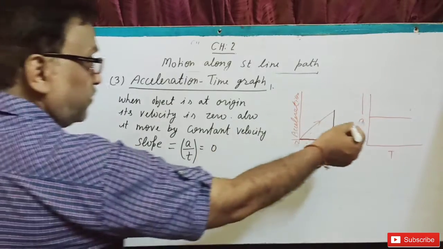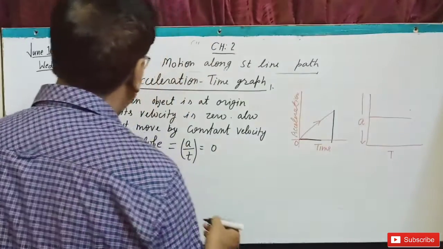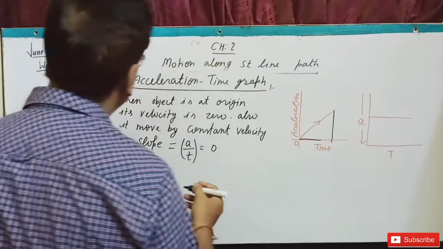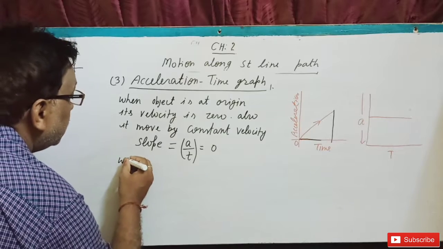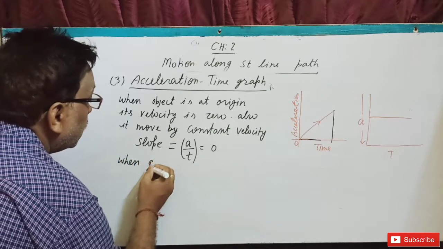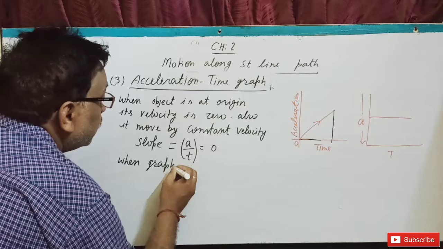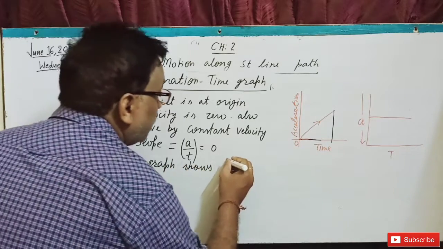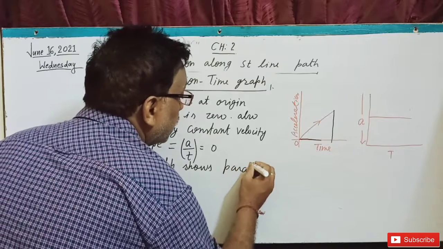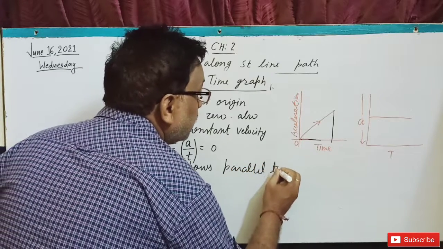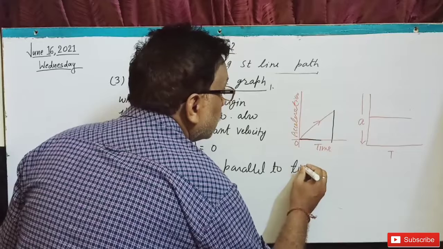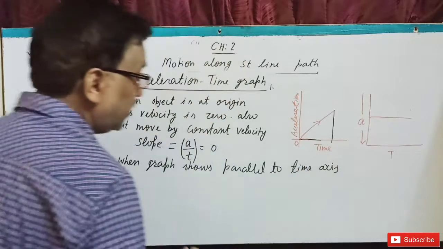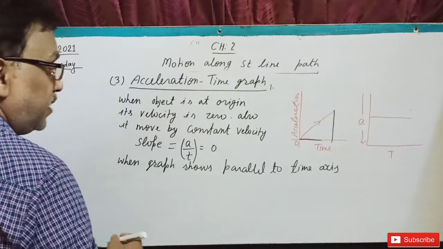In another case, let the graph shows parallel line to the time axis. When the graph shows parallel to time axis, then you find the area under the line.